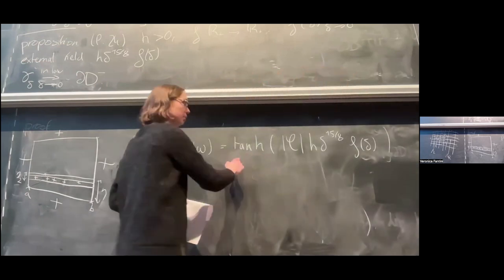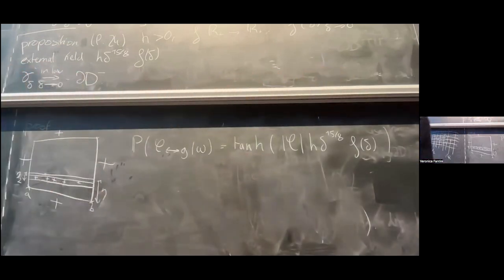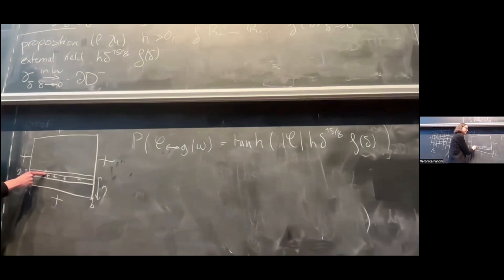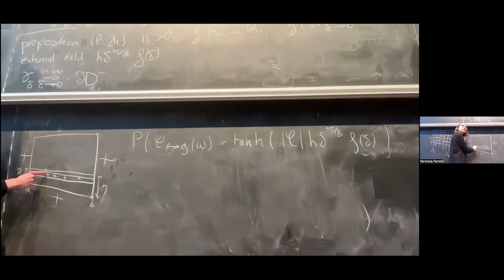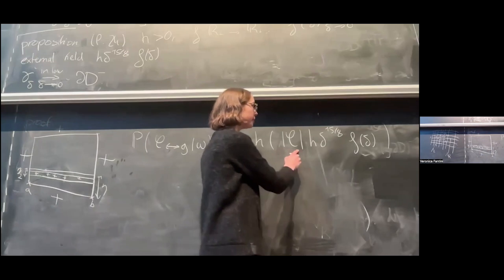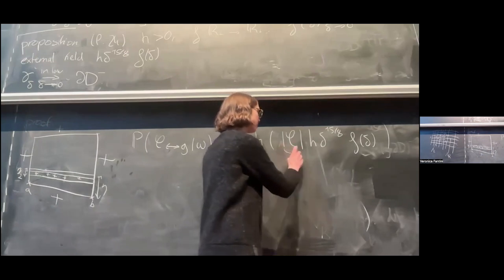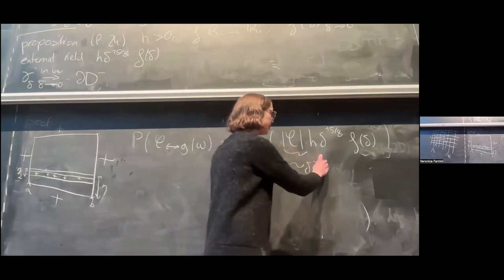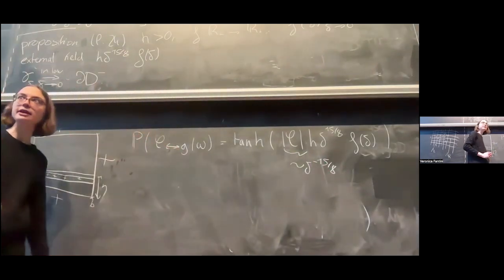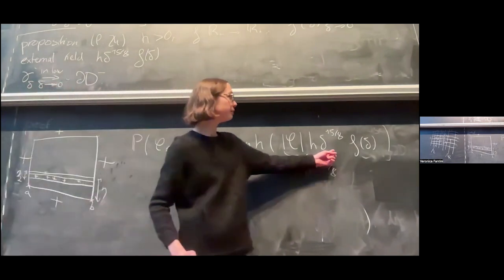And this is the hyperbolic tangent. So this is still not quite the result, but you can show that you have this event, and that the FK Ising clusters that contribute to this event you can choose so that they all have size of order δ^{-15/8}, which is the typical size of an FK Ising cluster, so that you kill this one.